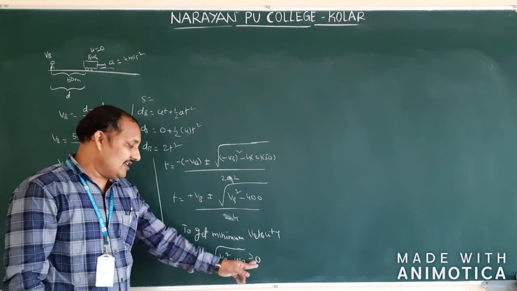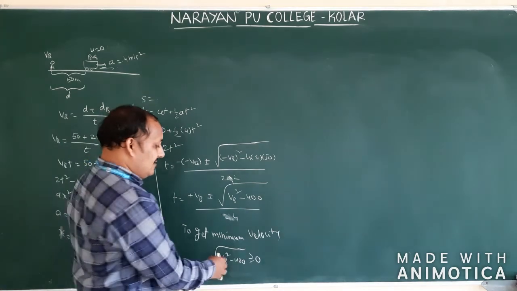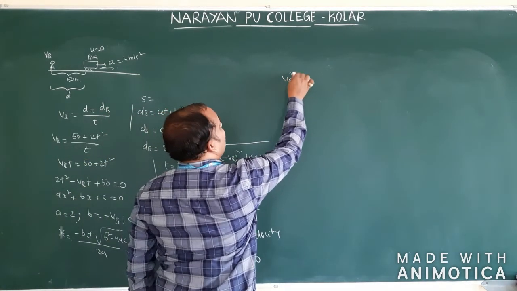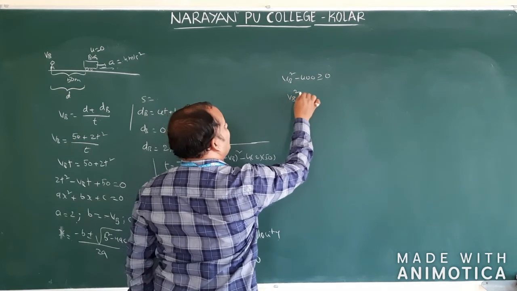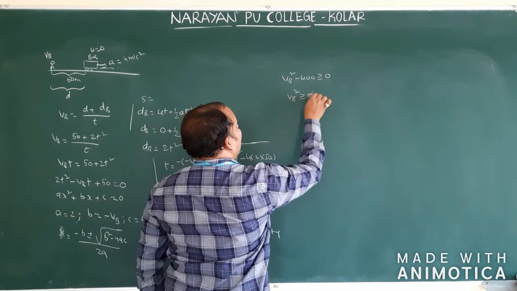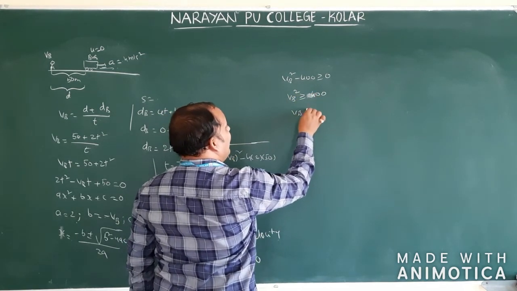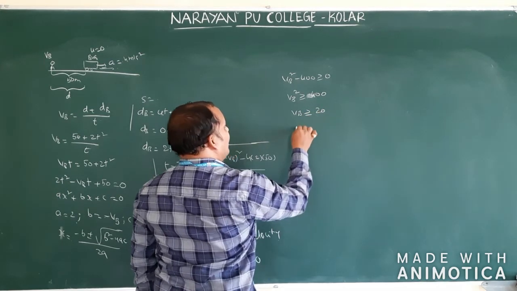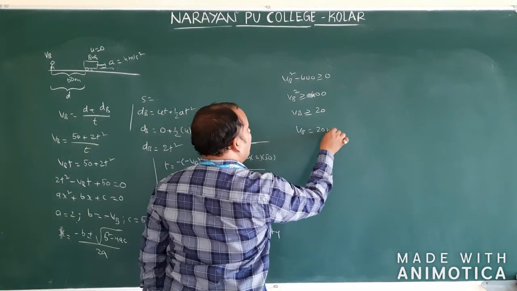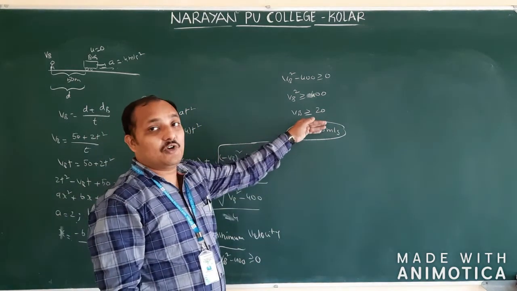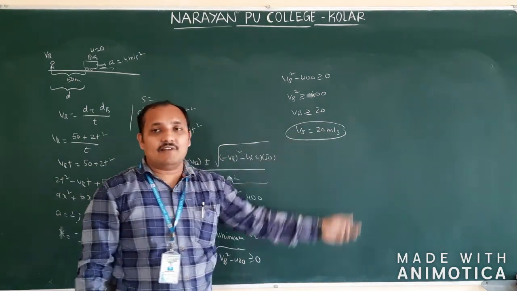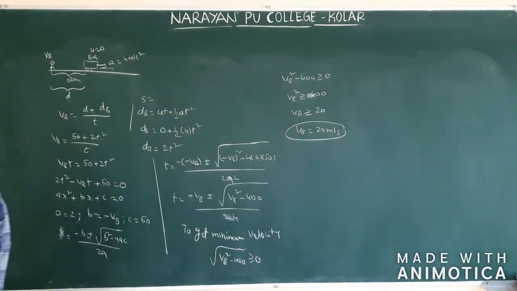Therefore vb square minus 400 is greater than or equal to 0. vb square is greater than or equal to 400. Then vb is greater than or equal to 20. Then vb minimum is how much? 20. Maximum may be anything, but it should not be below 20. So minimum it should travel with 20 meter per second.